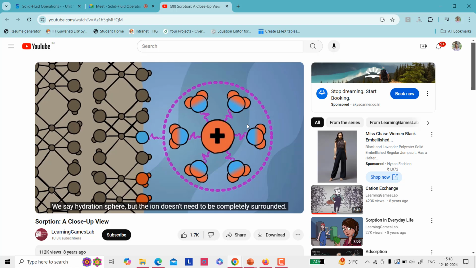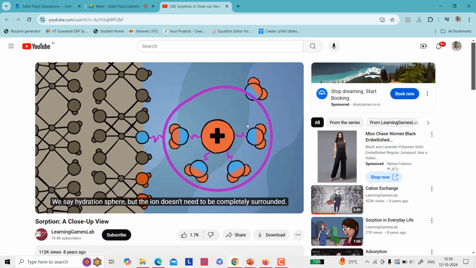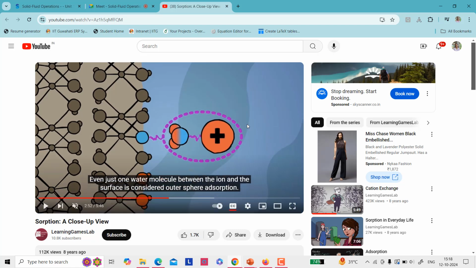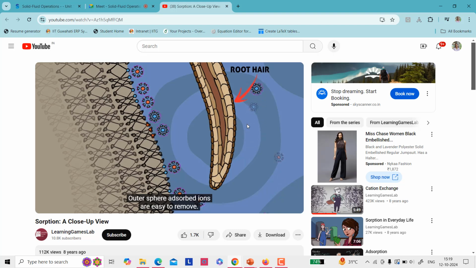We say hydration sphere, but the ion doesn't need to be completely surrounded. Okay, it can also happen like that. We say even just one water molecule between the ion and the surface is considered outer sphere adsorption. Right? Outer sphere adsorbed ions are easy to remove.